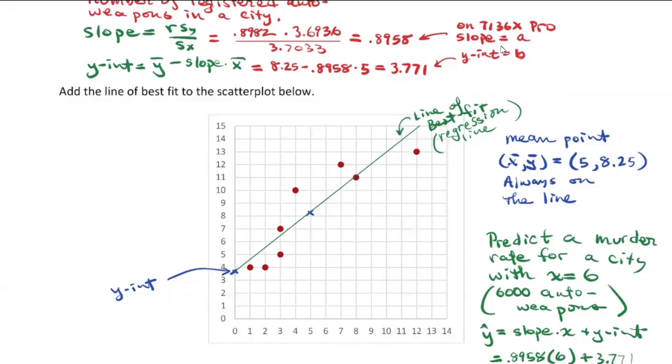Okay, so it says we want to conduct the test for the data that we have here using a 0.05 level of significance. So this is just like every other test.